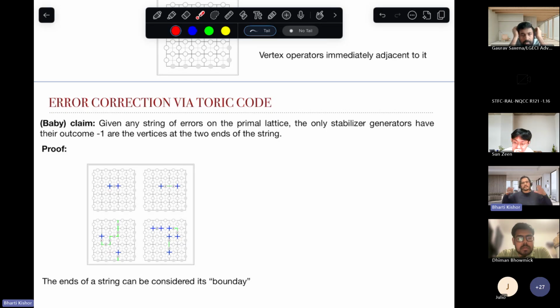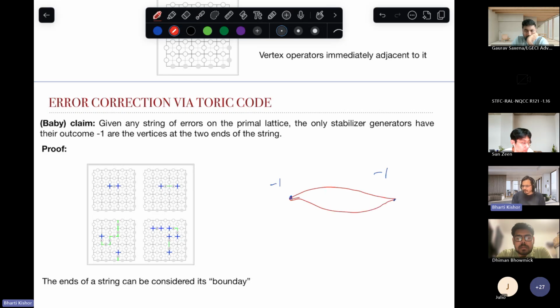And when you measure your stabilizer generators, so let's say whenever you have a Z error, and when you measure the X generators, they will give you, let's say, -1, -1. Let's say here there is some X generator, here is some other, and that gives you -1. So then you know that the error must be on the path connecting these generators. Here, for example, there is just one qubit, so it's okay.